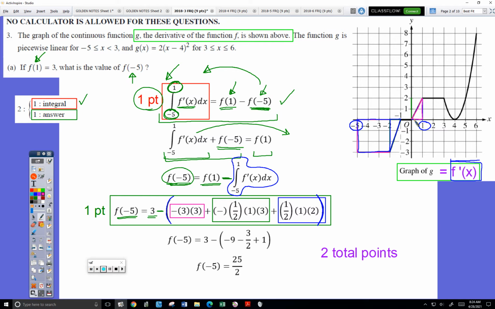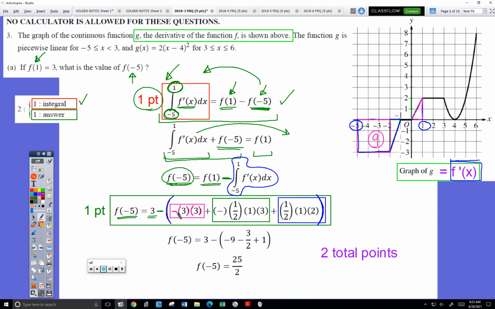So I've got 1, 2, 3 multiplied by 1, 2, 3. This area is 9, 3 times 3. I must count the area as a negative because it is below the horizontal axis.